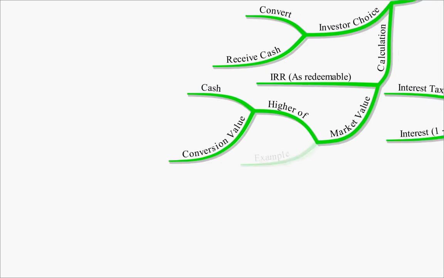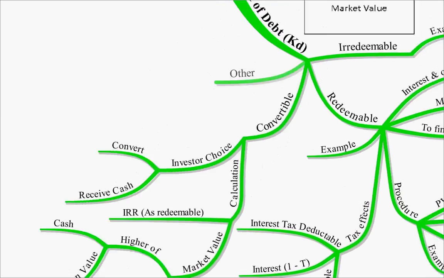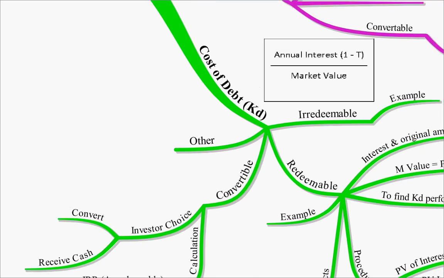You'll be given information so you can work out the conversion value, and if it's more than the cash, you would assume that the investors will choose that. So use that in your internal rate of return calculation as the amount that will be paid back at the end of the term.